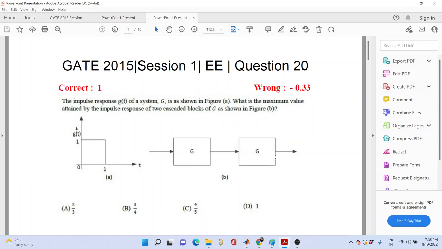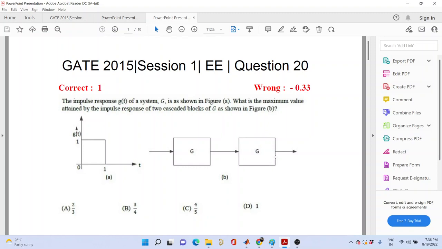Sir, we convolve the two functions, the two unit step functions. So the slope will become the product of 1 into 1, which is 1. For 0 to 1, it will rise to 1. The maximum value we got is 1.